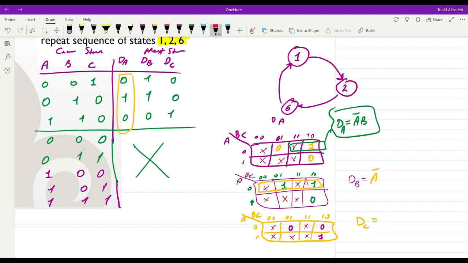And now you can see that the simplest expression for DC could be in the form of A.